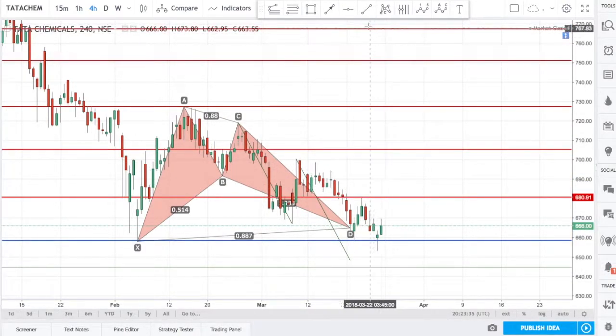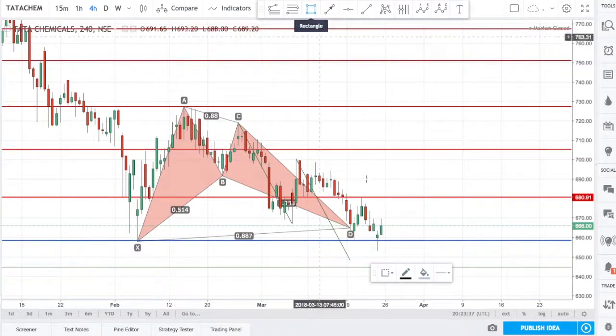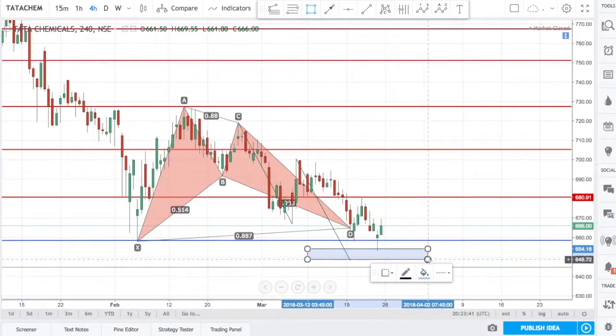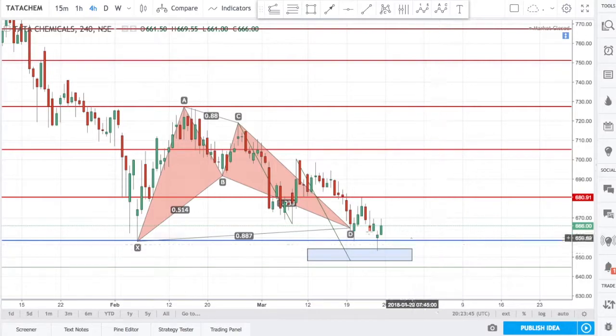As you can see here, the CD leg terminates around this zone, and this is the zone where prices pushed into and bounced back. So the ABCD pattern is a decent enough reference for us.